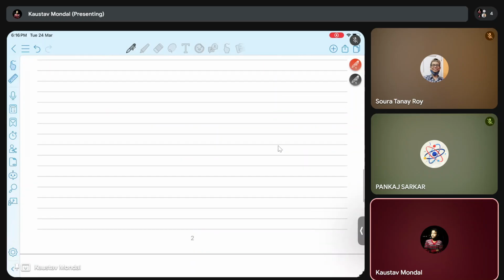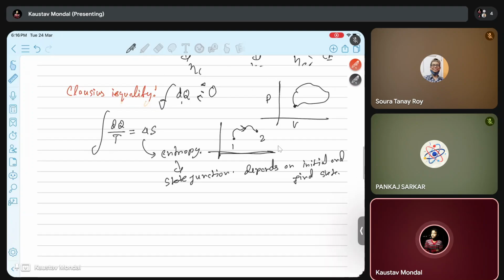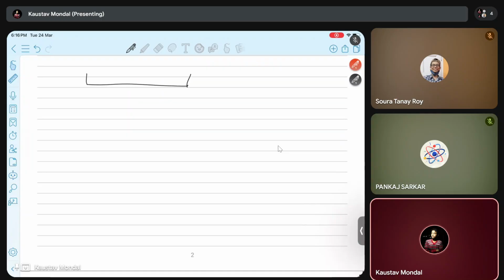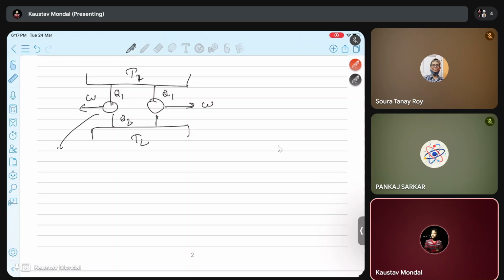So from Clausius theory, let's suppose there are two types of engines working between T1 and T2. One pulls Q1, rejects Q2, and does some work W. Here also it pulls Q1 and does some work. Let's suppose this first one is a reversible engine, that is the Carnot engine basically, and this other one is an irreversible engine.